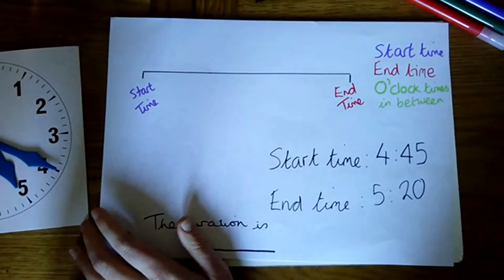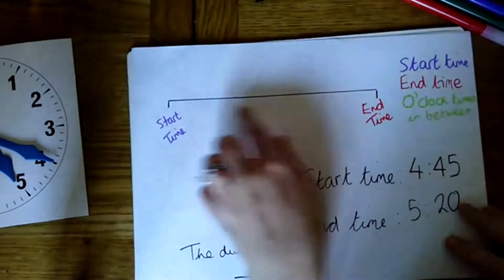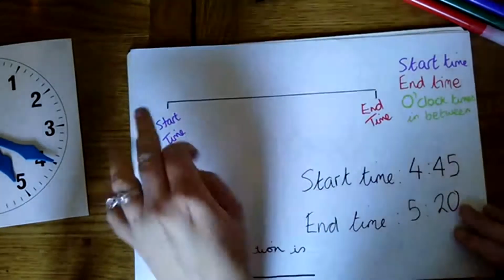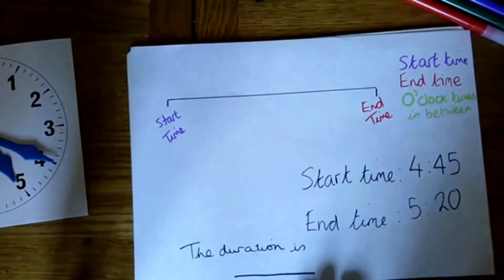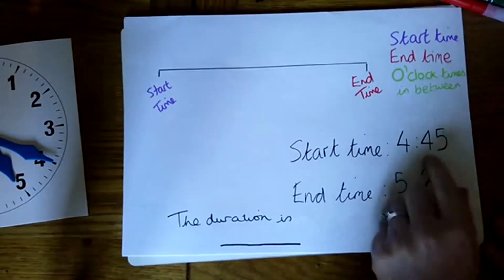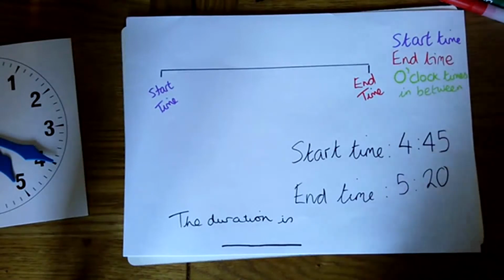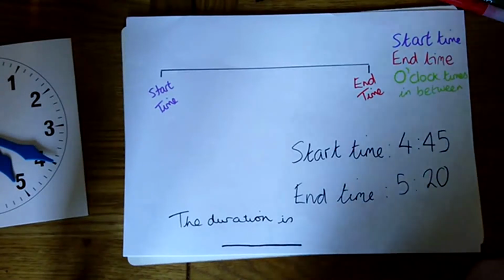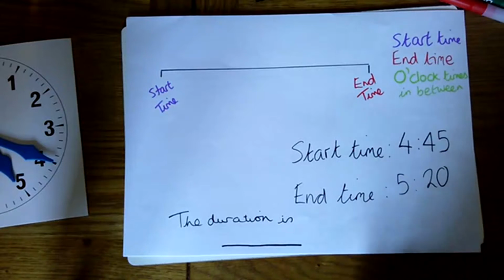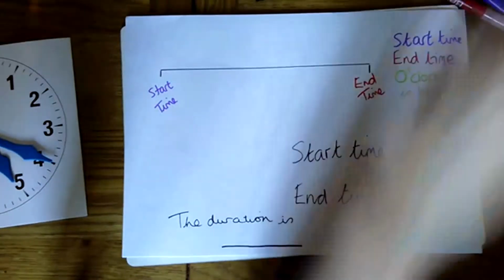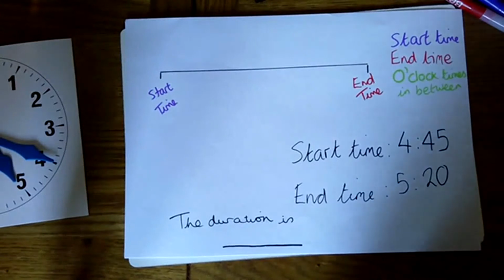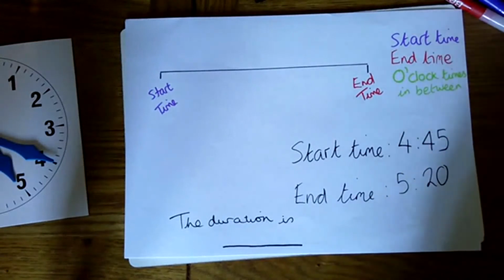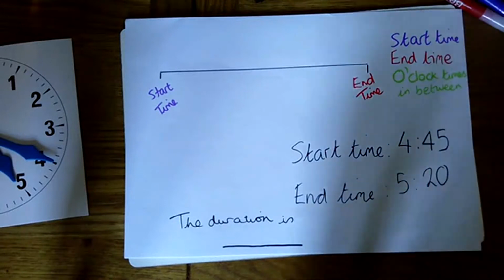Your best friend in our lesson today is going to be a simple line like this, which says start time and end time, because it's going to help you calculate these times in jumps. Doing this in your head is possible, but it can get a little bit confusing. To do it in your head anyway, you will use this strategy, which is using your o'clock times as the number of clocks in between, because they are nice hour jumps and they're going to be easy ways for us to look at the numbers.